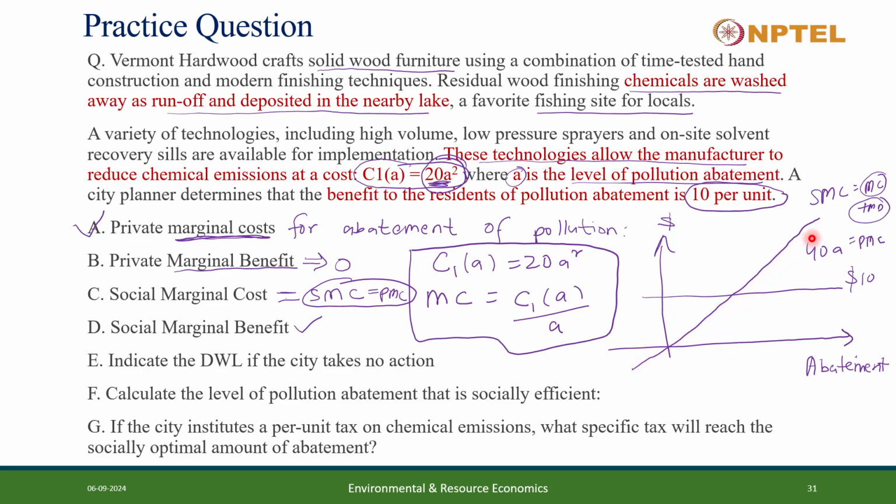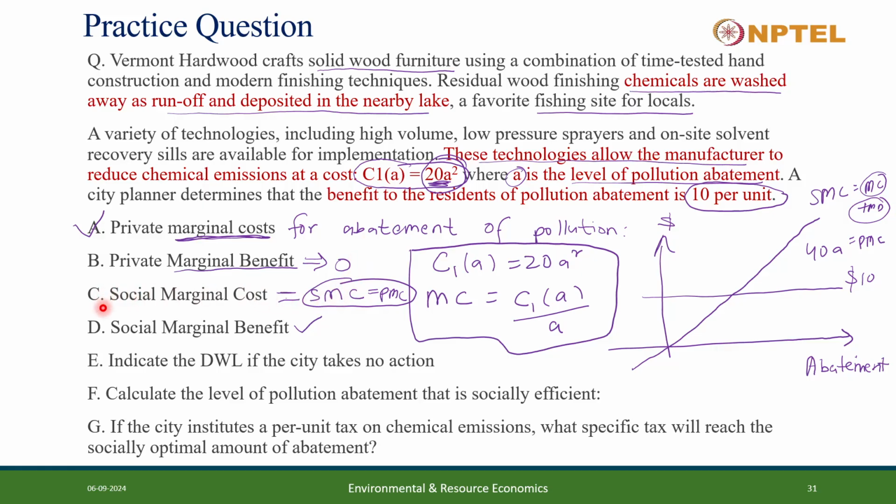The private marginal benefit will be 0, because the company does not benefit from the abatement of pollution.